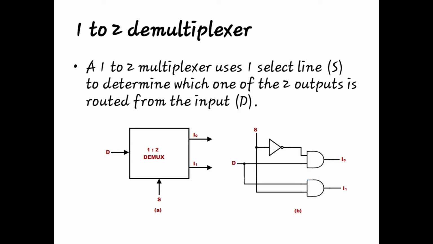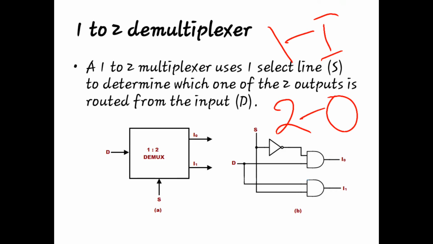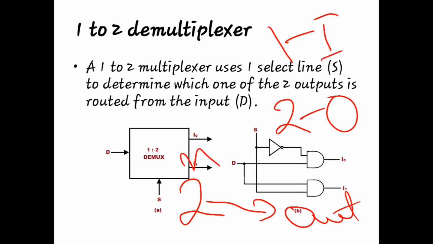Now, when we talk about the 1 by 2, from the definition we came to know that 1 by 2 means there will be a single input and 2 output lines will be used. 2 output lines, as we know the basic formula, 2 raised to power n, where 2 raised to power n is the number of output lines.